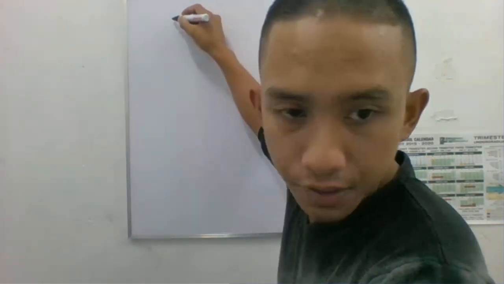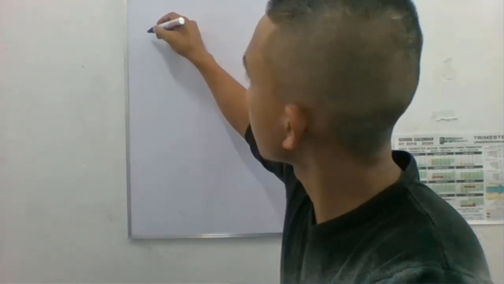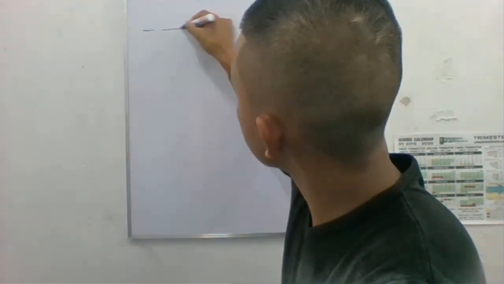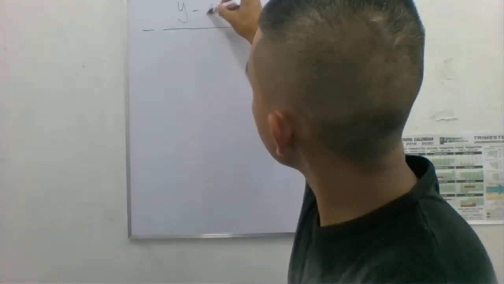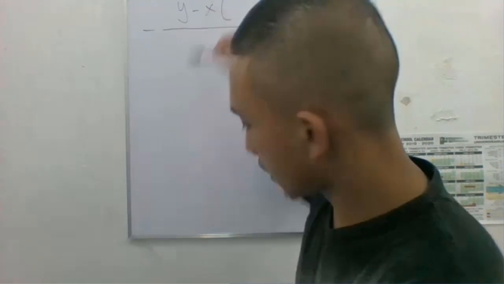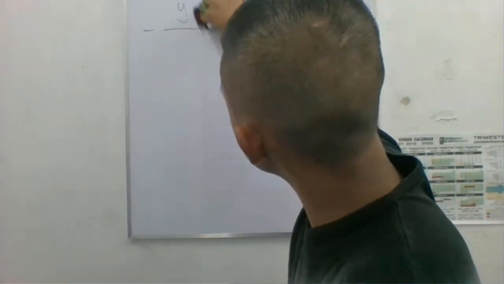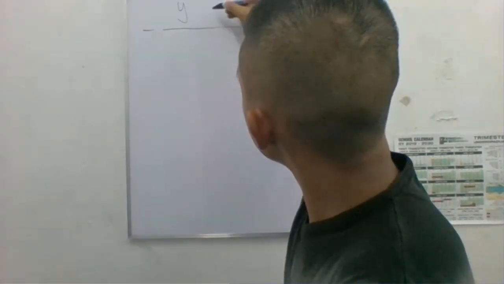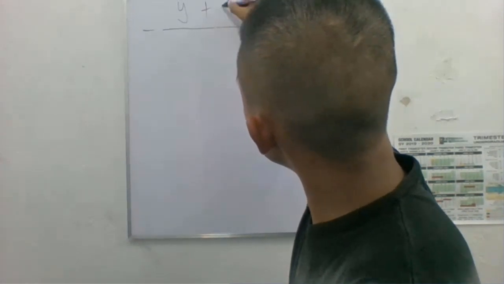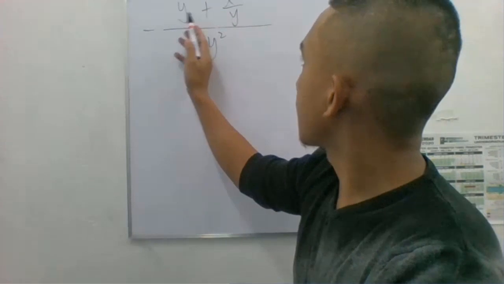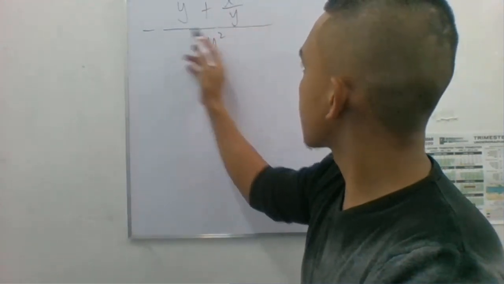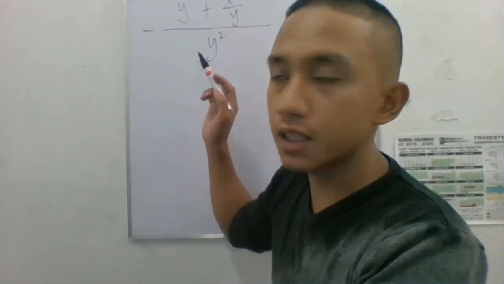Let me put it here so that you can see. Y minus x times, let's say that's already multiplied, so plus x squared over y squared. I need to get rid of that because this is the main bar. That should be the one left only.